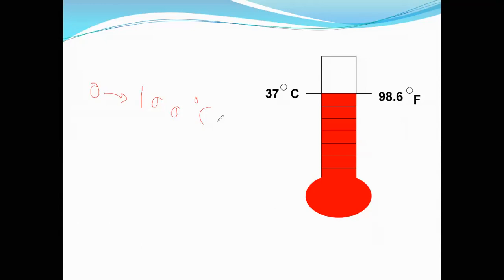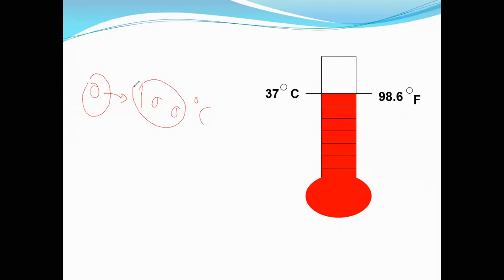We are trying to design some kind of measurement for temperature, some kind of thermometer, that uses the temperature of the freezing of water, or when water turns into ice, and the temperature when water turns into water vapor, as the two landmark points for us to understand this degree.